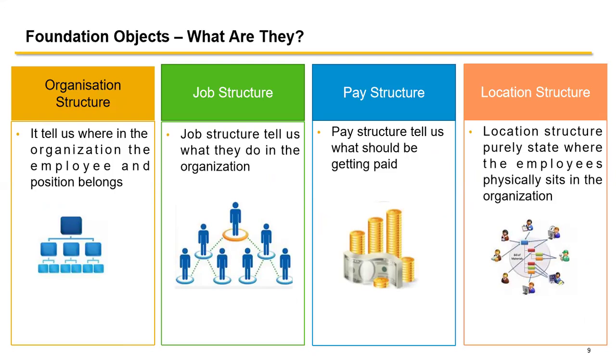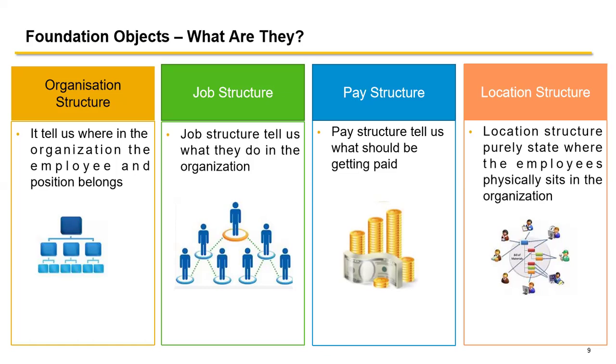Org structure is basically what the employee and the position belong to. In the organization, the employee has certain information: the business unit the person belongs to, the department, the position, the job title.